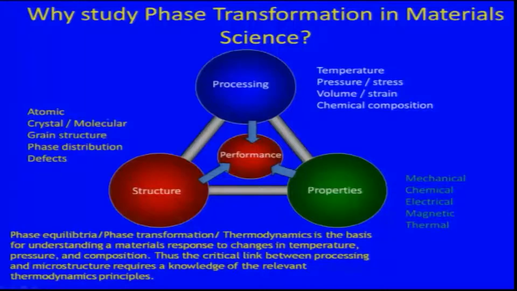And that is what is important. This chart, which is very famous in material science, and which you will find in many books, is known as the materials tetrahedron, because it actually looks like a tetrahedron. So, finally, where does phase transformation come in? It is in the structure. We modify the structure, we modify the atomic structure, we modify the grain structure, we modify the phases by phase transformations.